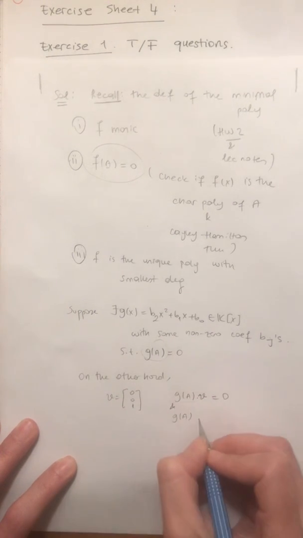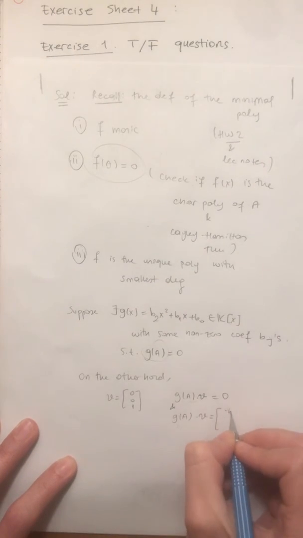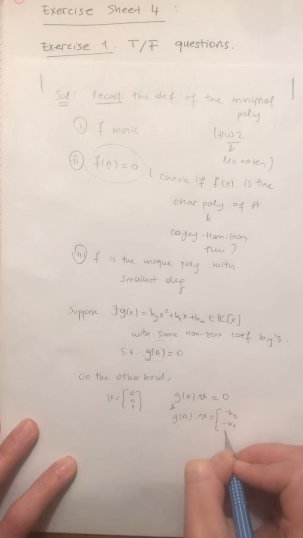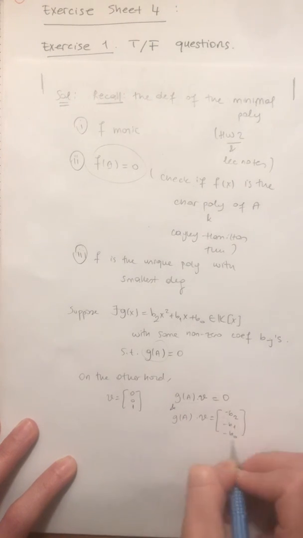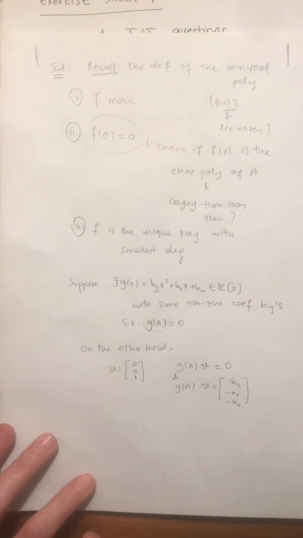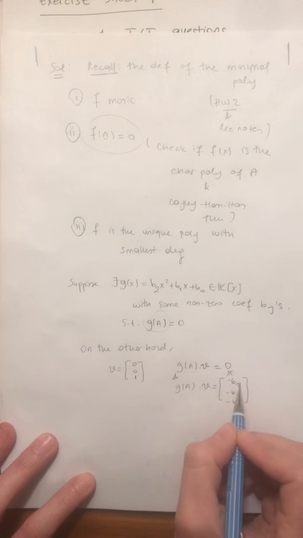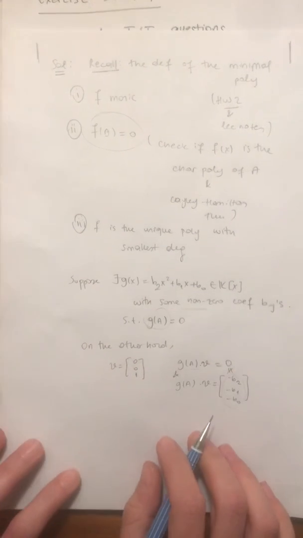But on the other hand, when we really compute this matrix multiplication, we obtain these coefficients. So actually this is a contradiction because by the assumptions we pick these b_j's as non-zero.